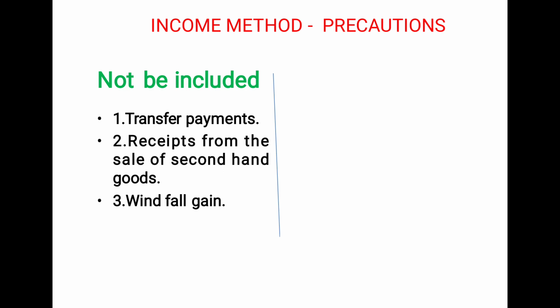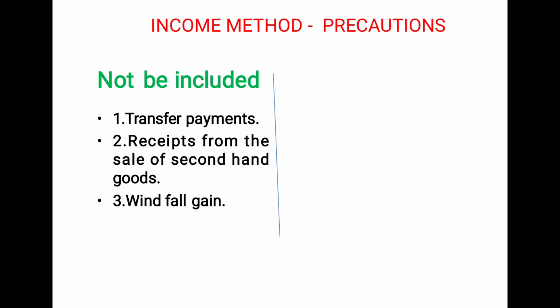Next one is receipt from the sale of second hand goods. When you sell a particular product for the second time, that source of income cannot be included in the national income. Third one is windfall. The best example for windfall is lotteries.